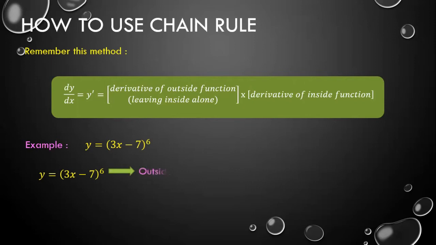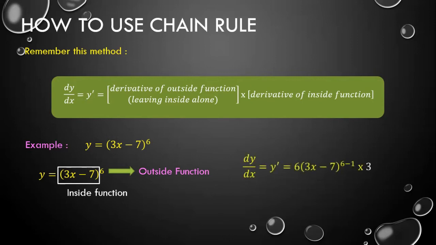The first is what we call the outside function. The outside function is parentheses to the power of 6, leaving the inside alone. And 3x minus 7, we call this the inside function. Is it clear to you, everyone?